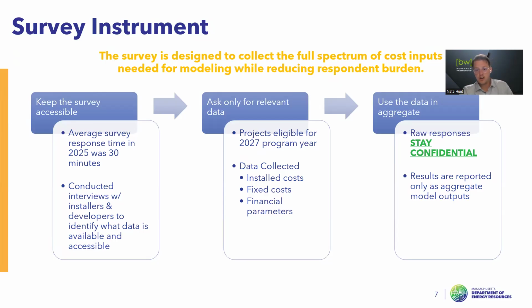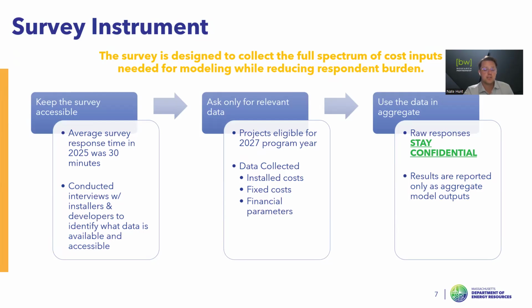First would be installed costs or CapEx, anything that's that lump sum upfront dollar amount that goes into getting the project built. The second bucket is fixed costs, or anything around annual costs, O&M, land lease, anything that's on an annual recurring basis.